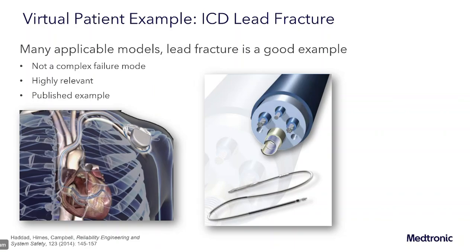The particular failure mechanism of conductor fracture is not complex from the standpoint of all the biological things that can happen. It uses a lot of the same mechanics that are well studied in many other industries, from transportation. Think about airplane wings and making sure cracks don't happen there, maritime ships, power generation, even elevator shafts.